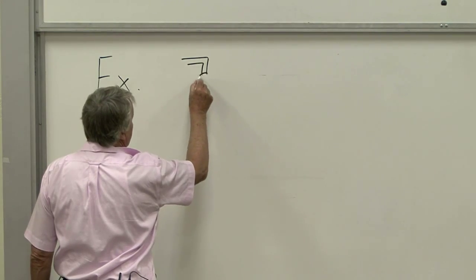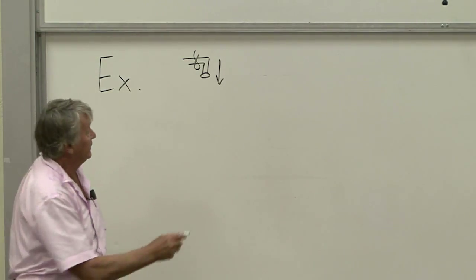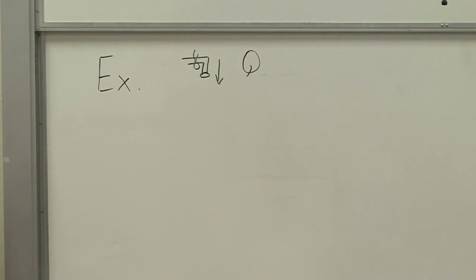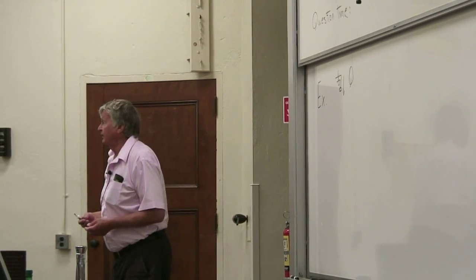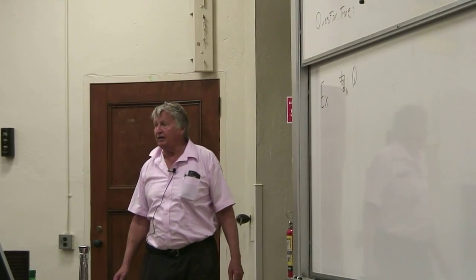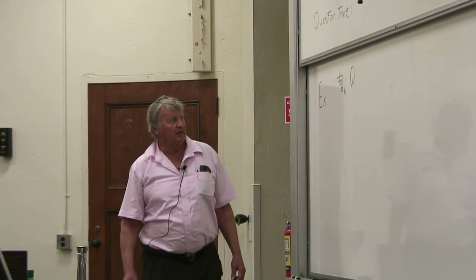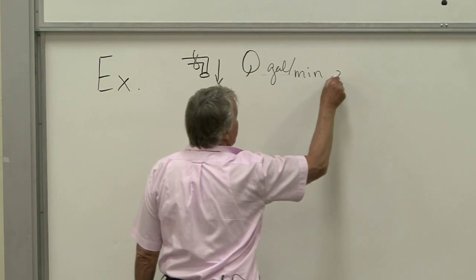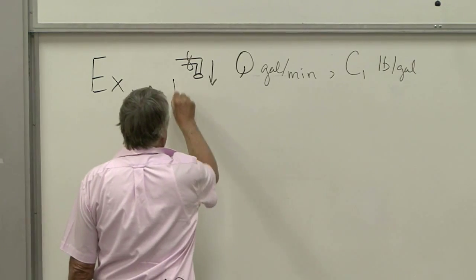We have an input pipe, a valve here, and we're sending fluid into a tank at the rate of, and I'm going to use these general letters instead of actual numbers because I want to give you some idea what it is you're going to have to do when you come to setting ranges of time and the amount of the dependent variable. So if I have Q gallons per minute coming in, and each gallon coming in has C1 pounds in it, that comes into the tank.